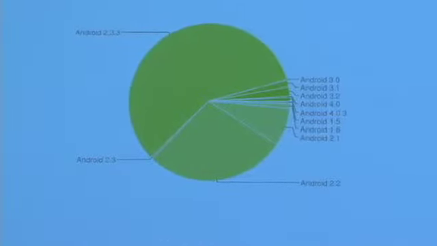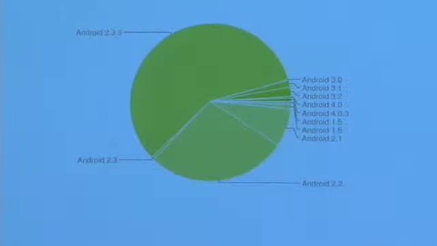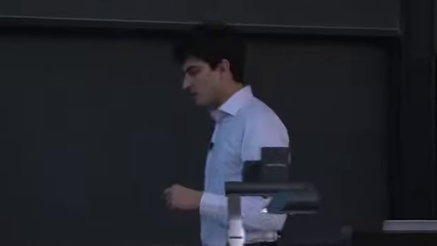So as we can see here, the smallest portions of the pie are the very newest versions, 4.0, 4.0.3, and the very oldest versions, Android 1.5 and 1.6. So there are, in fact, some people that are still using the ancient Android G1, that original one from many, many years ago. So what we are going to do, and you should sort of be thankful that we're doing this this year.